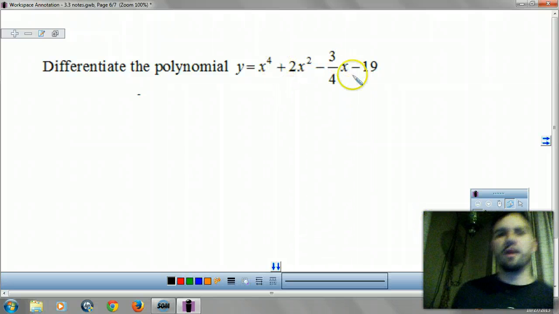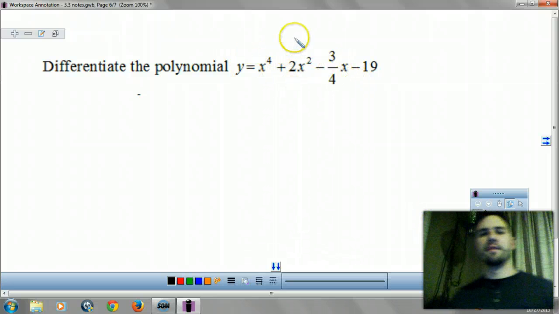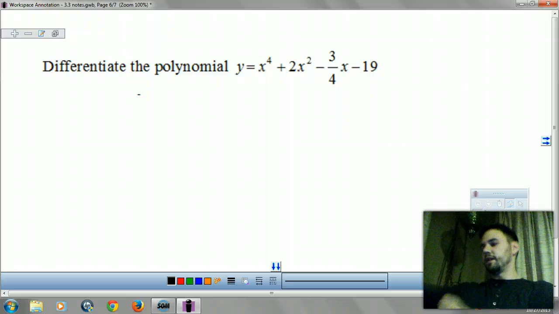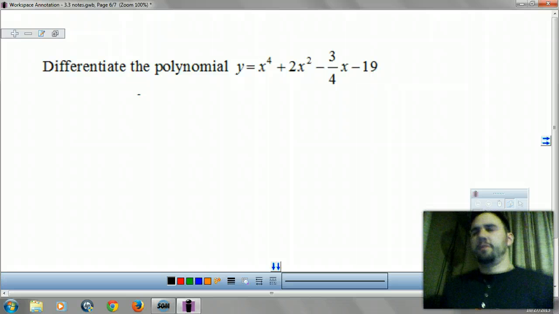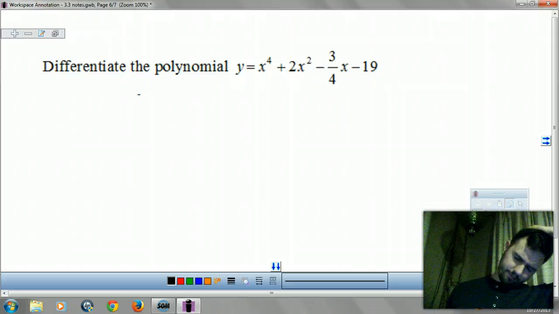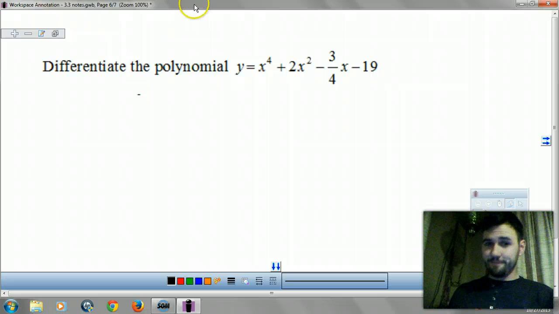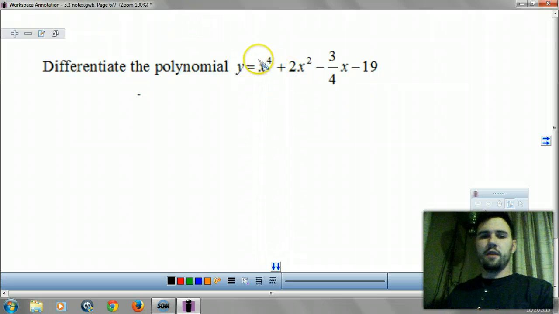So let's put our knowledge to the test. Okay, we're going to differentiate this whole thing. Got to roll up your sleeves, loosen up, keep a neutral spine. So you do each piece individually, right?